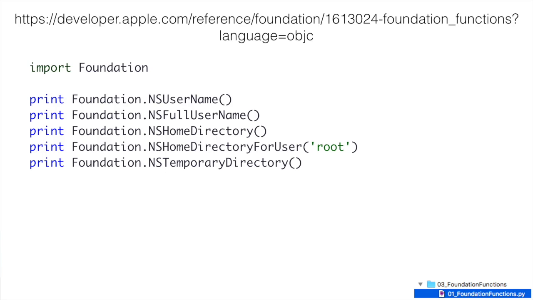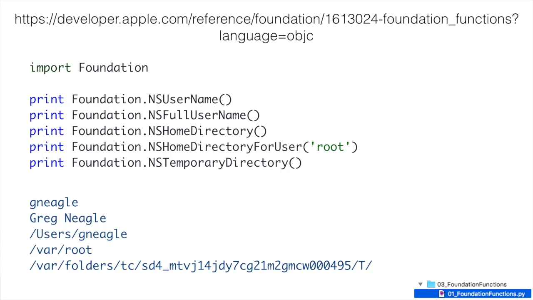So we can call these functions and we get back some stuff. It's really not that interesting because all of this data you can probably get with native Python functions. You don't really need to call PyObjC to get this same data. But it's still an example of something you can do to call an Apple framework. So start easy, we'll get more complex.